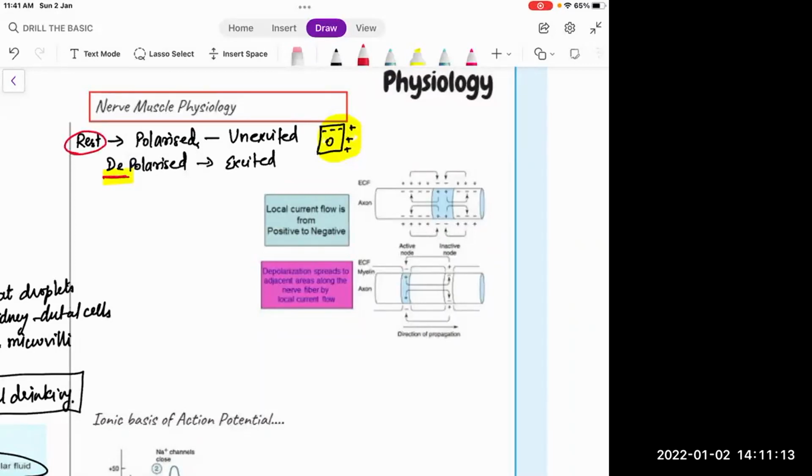And now coming to repolarized. As the term suggests, repolarized means returning back to the polarized state. De is deviated; this is returning.